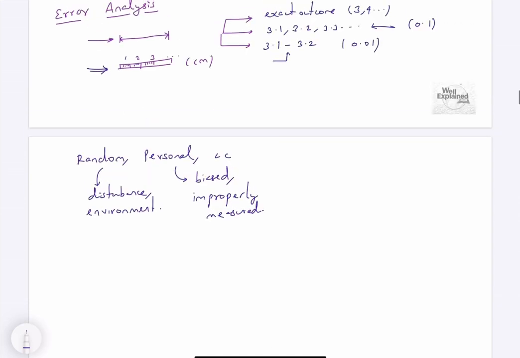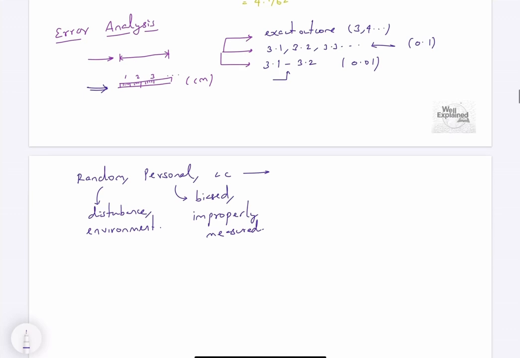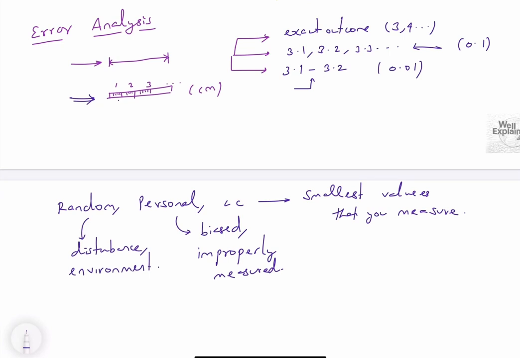Least count errors are like instrumental errors which you'd be facing, because the least count is nothing but the smallest value that you can measure with a certain device. What do you mean by that? Let me explain. Look at the scale. You have markings from 1 to 10 on a scale, which represents 1 millimeter.